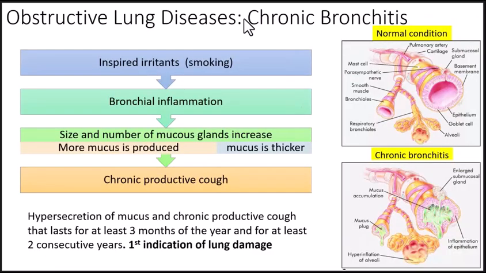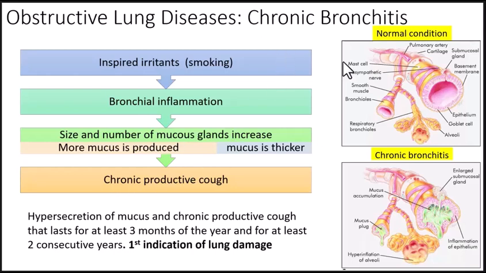Now moving on to talking about the other component of COPD, which is chronic bronchitis. Chronic bronchitis involves bronchial inflammation commonly caused by smoking, and this inflammation is going to lead to an increase in the amount of mucus glands that are present, and they produce more mucus, and it's a thick mucus, and this can lead to a chronic cough.